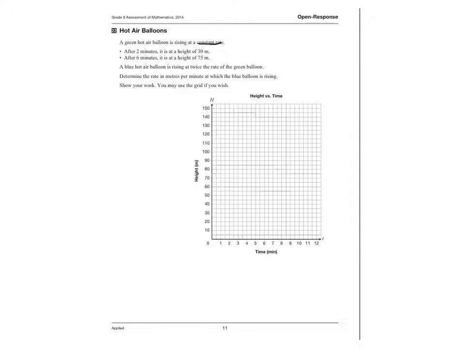And I need to get 2 points. I could see that my time is X and my height is Y, which means I can make 2 points out of this. So if I take X is my time, 2 minutes, and my height is 30, and this one, 6 and 75.